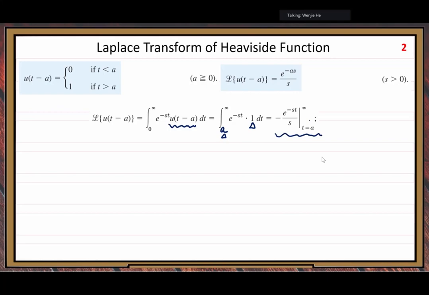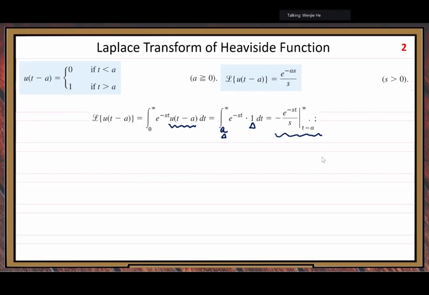All right. Next, we need to consider the Laplace transform on the functions containing this u function. Because usually this u function is used together with some f function, little f function.